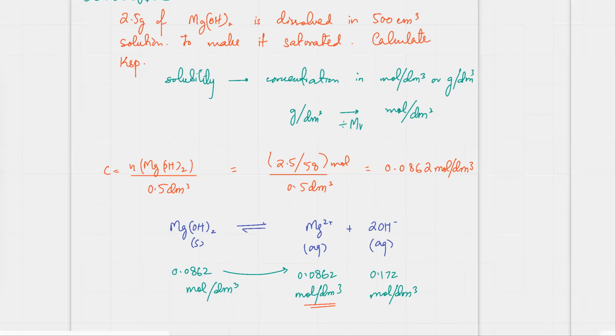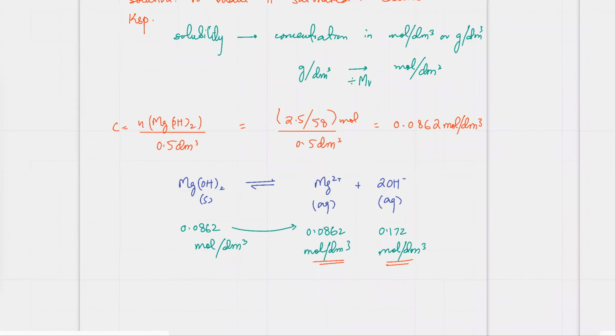Now I just need to put these values in the expression for Ksp. The Ksp expression is product concentration divided by the reactant, which is a solid, so that's not going to be there. So it's Mg2+ times the OH- concentration, and the whole thing is squared.